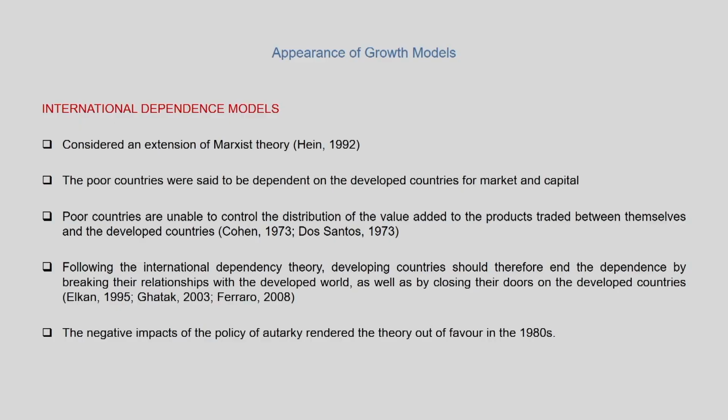And there were a lot of negative impacts of the policy of autarky, because of which the international dependence models went out of favor in the 1980s, because by the 1980s the international order was becoming highly globalized in nature, and the nature of international finance had started changing, and it was becoming increasingly difficult for countries to exist in isolation, and international trade had become inevitable to be able to survive the global market.